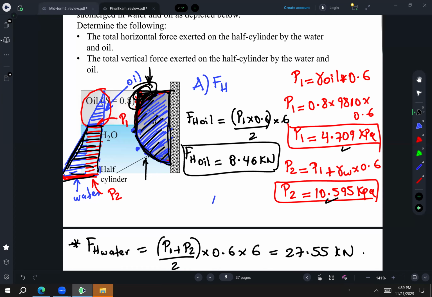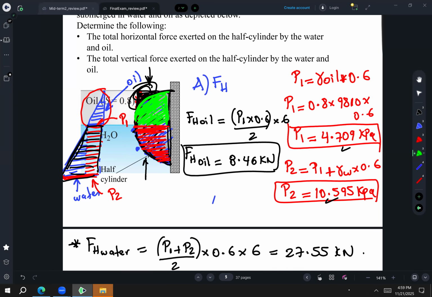Only you have this. So then the vertical force will be equal to the weight of water acting on this, right? Because that's where the vertical force is coming from, plus the weight of the oil on this area, only on this area.